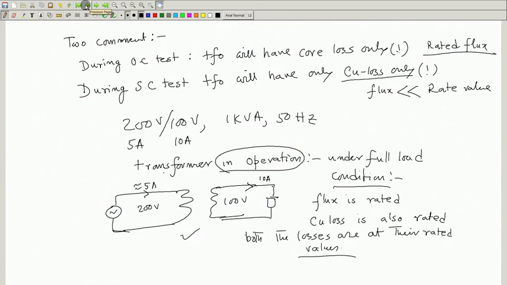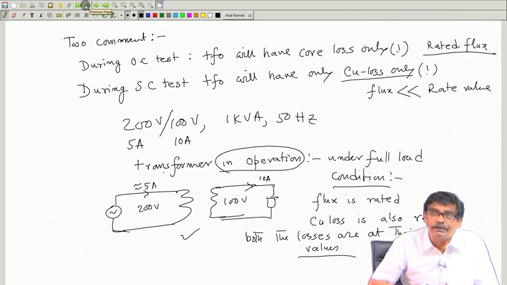You cannot neglect one loss with respect to another during operation, because rated flux is there, and hopefully you are efficiently using the transformer so that rated currents are carried by the coils. Our target will be to see such a condition prevail.